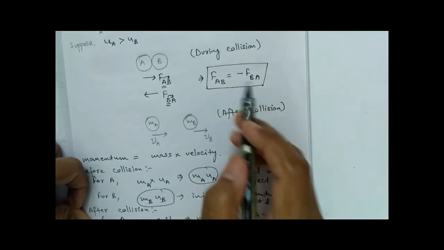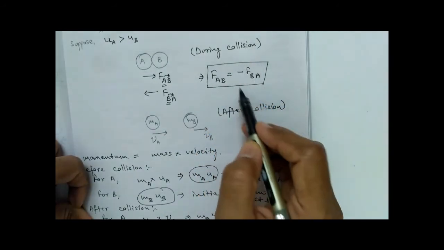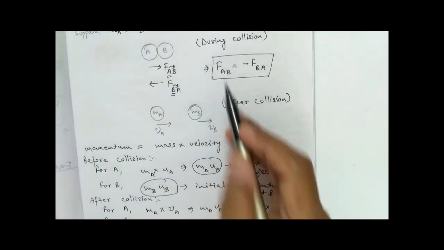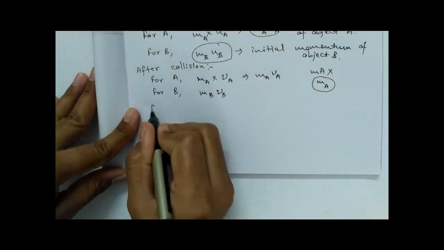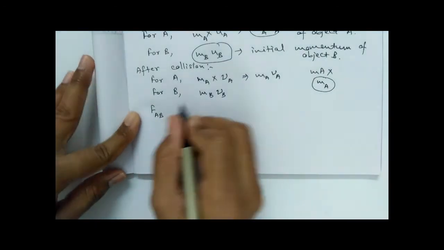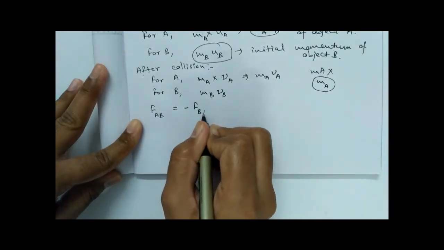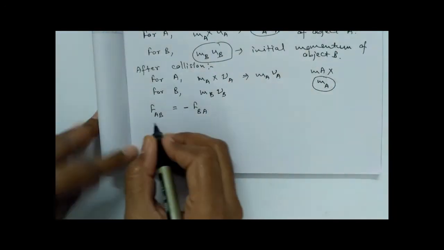By B. So this is the force exerted by A and this is the force exerted by B. So the force exerted by A will be F AB, and the force exerted by B will be F BA, isn't it?